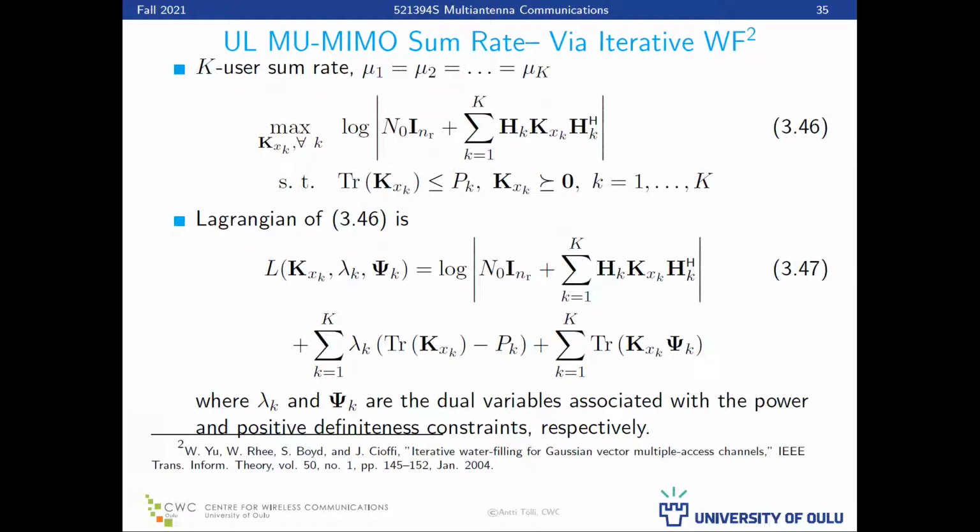I'll use the uplink case: users 1, 2, 3, all of these are communicating with the base station, the received signal H1 x1.